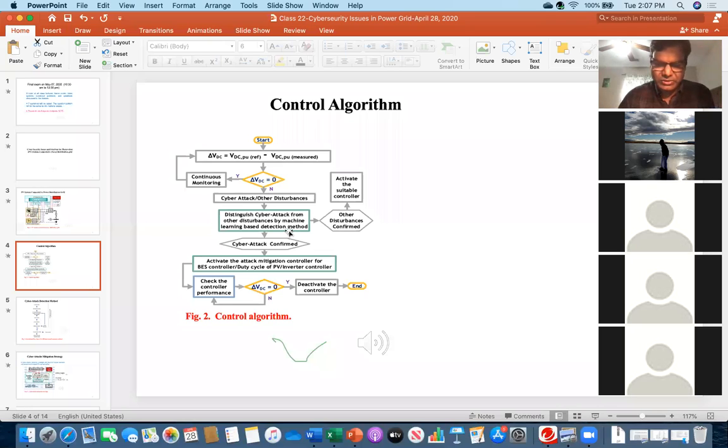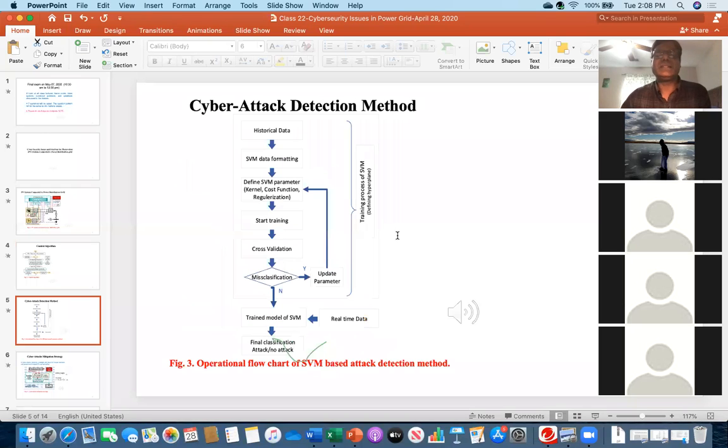Okay, so regarding that detection method, there are lots of methods. In the class, those who have presented papers about cybersecurity issues and solutions already mentioned some of the methods. So in the next slide, just an example of a cyber attack detection method. This is called the support vector machine, SVM, based attack detection method.